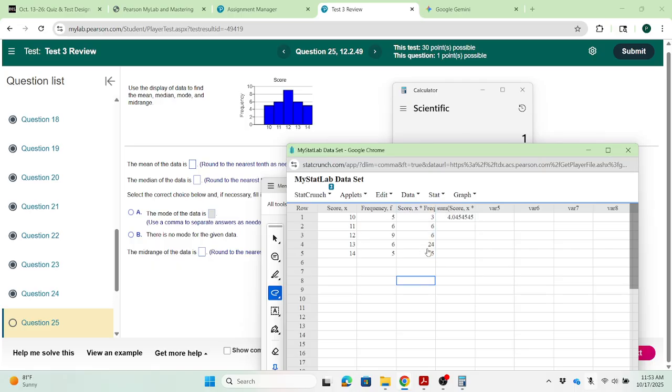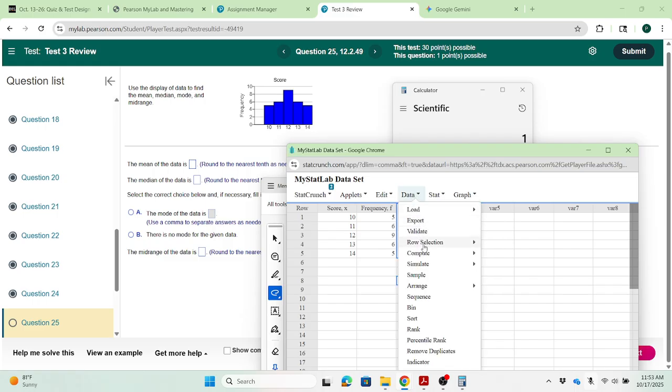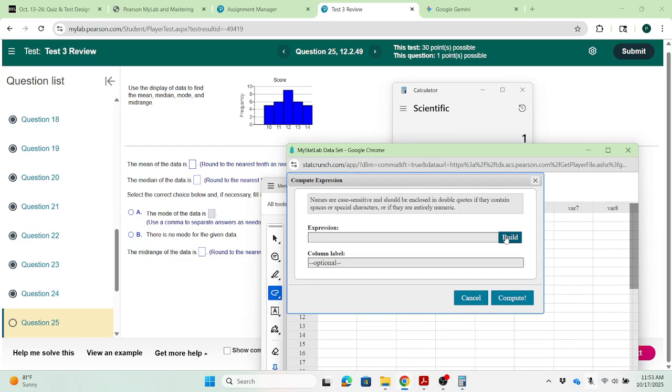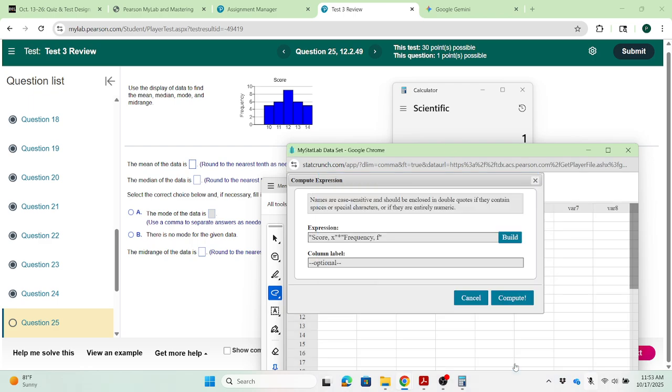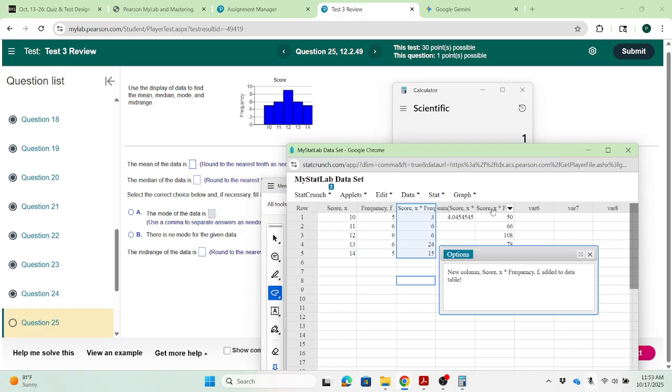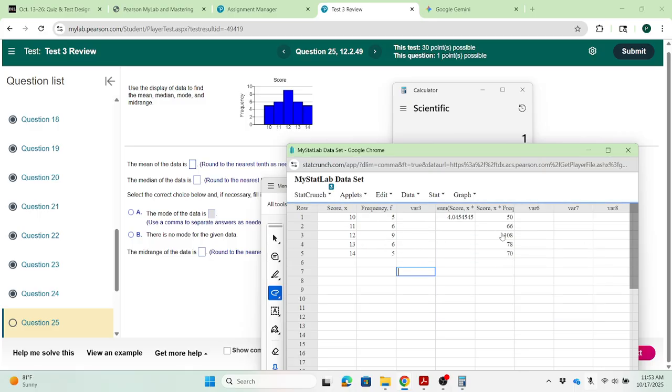This is not the multiplication of these two, you need to do it again. So go back to the data, then compute expression and build the expression. This is score times frequency, the multiplication of these two. Don't worry about this, you can just cancel this. This is the new multiplication. Look here, 10 times 5 is 50, 11 times 6 is 66, and so on.